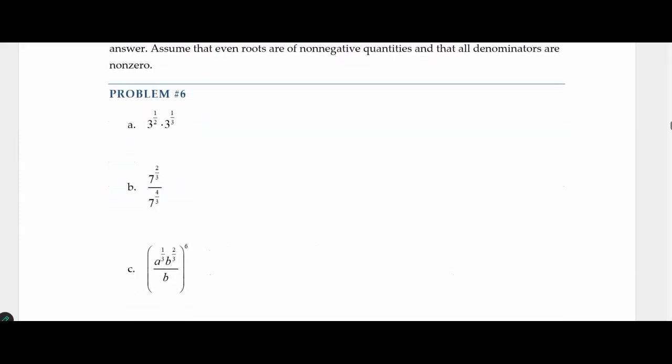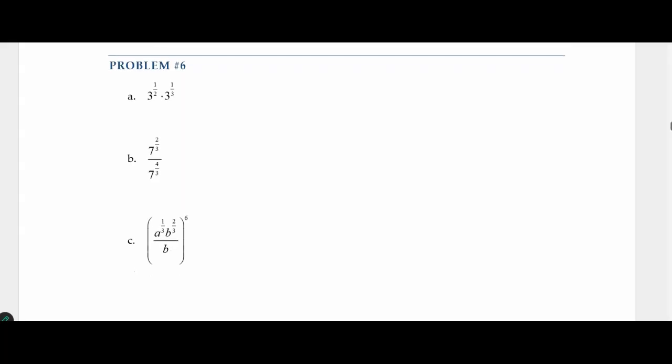Okay, so this is the last part that I want to get to, because now we're going to have to use those properties of exponents to simplify these. Changing them to a radical on these isn't going to help us simplify it.